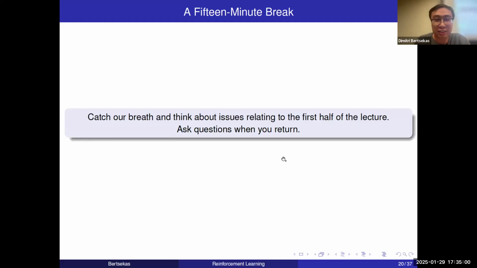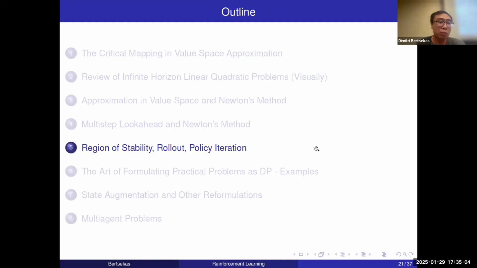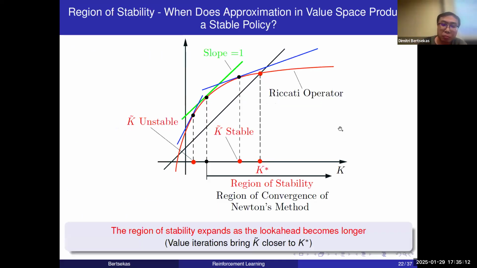All right, let's get to the lecture. We're going to start talking about the region of stability and rollout and policy iteration. As mentioned earlier, stability is an important issue in control theory.